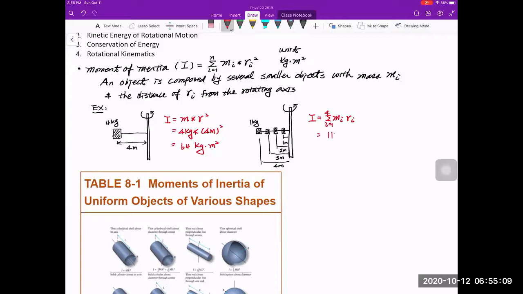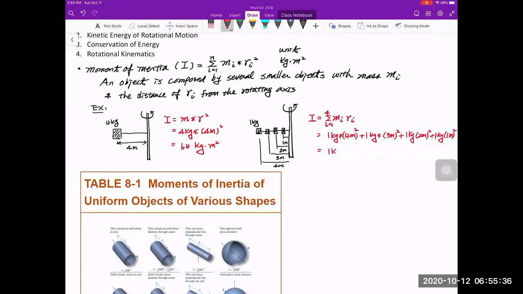The first one is 1 kilogram times, from the outside to the inwards, 4 meters squared, plus 1 kilogram times 3 meters squared, plus 1 kilogram times 2 meters squared, plus 1 kilogram times 1 meter squared. So you sum them together.